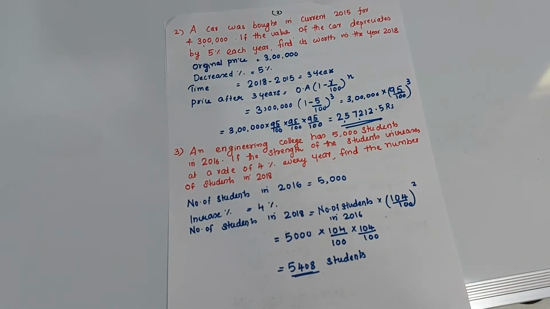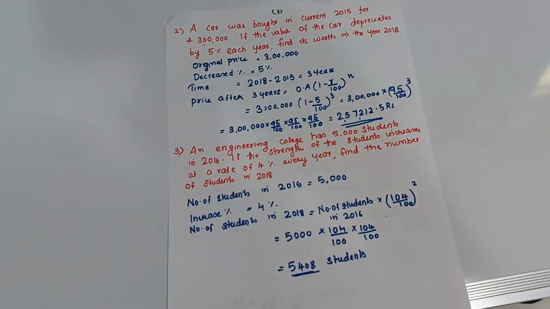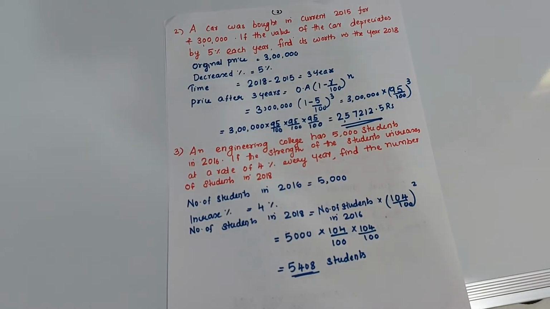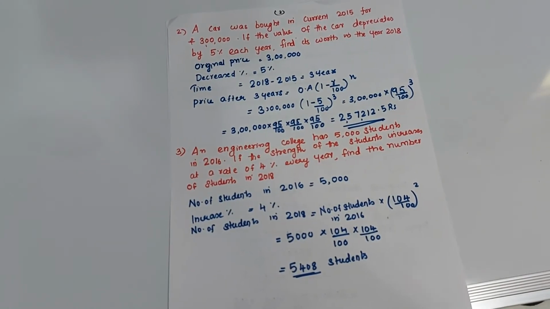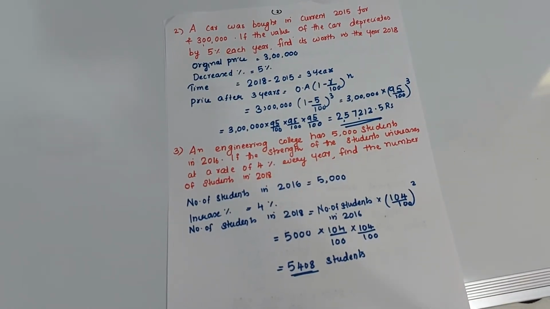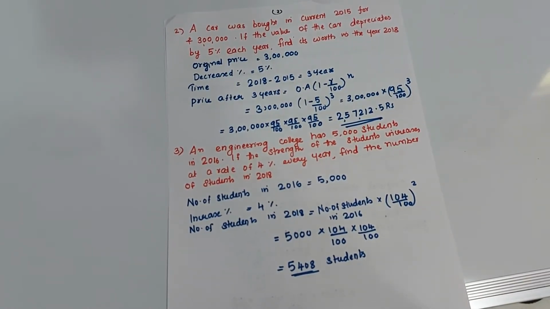Now our next question. An engineering college has 5,000 students in 2016. If the strength of the students increases at a rate of 4% every year, find the number of students in 2018. So in the question it is given that the number of students in 2016 is 5,000, and the strength increases at a rate of 4% every year.